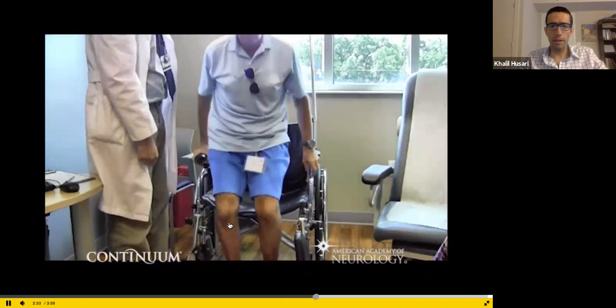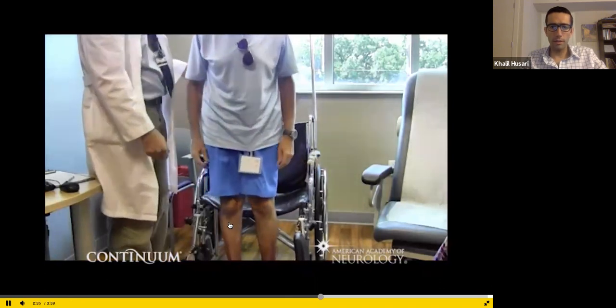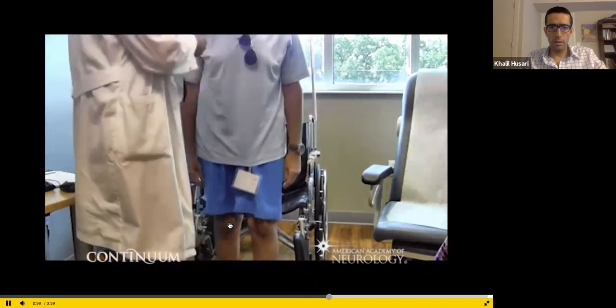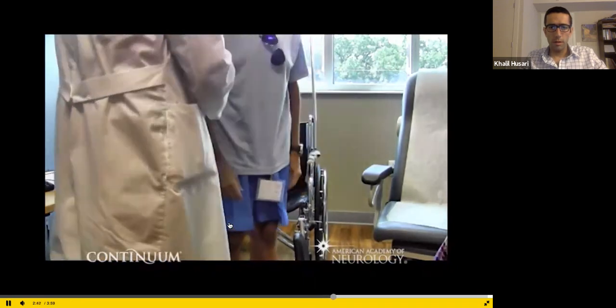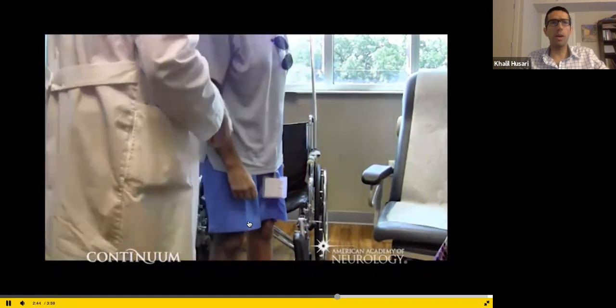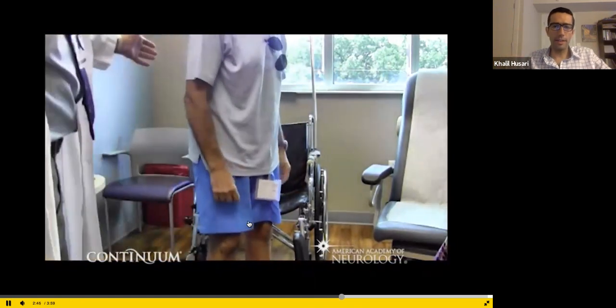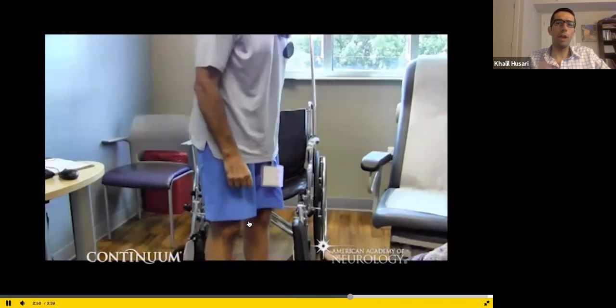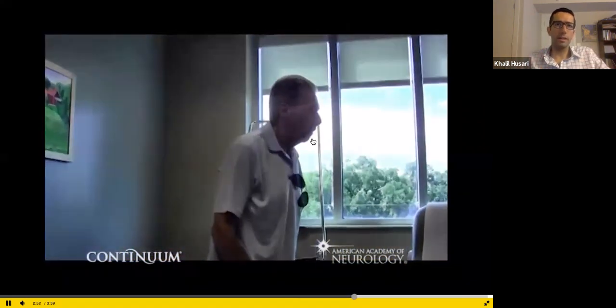Let's see walking. So he's very unsteady here. He has a wide-based gait, if you can see. And this is freezing. So he's stuck. He can't turn. He was told to turn, but he's stuck.